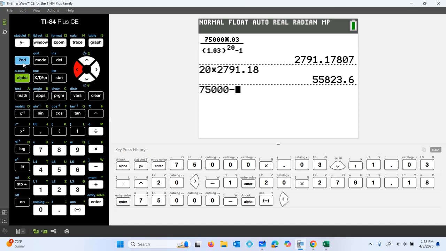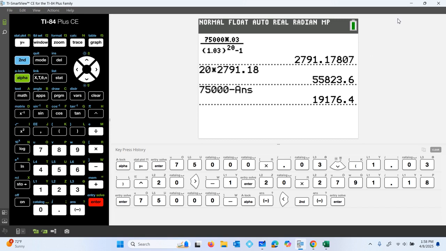So that should be the answer, not the question mark. So hit enter, and this is the amount of interest that's earned over the 10 years, compounded semi-annually.